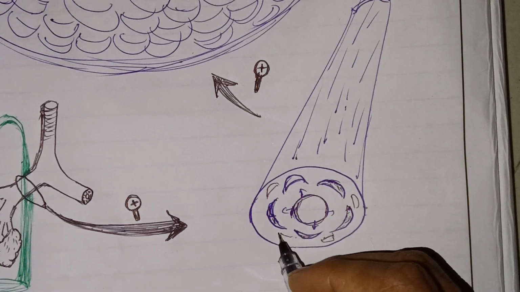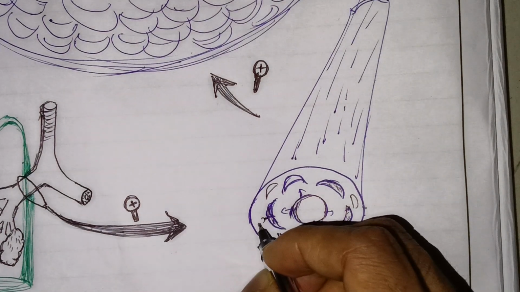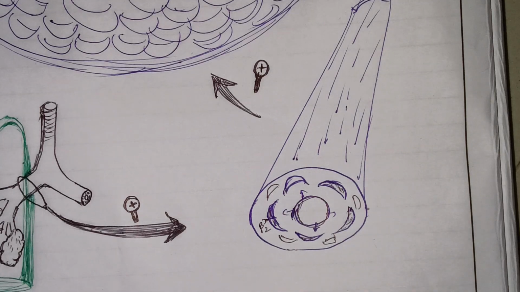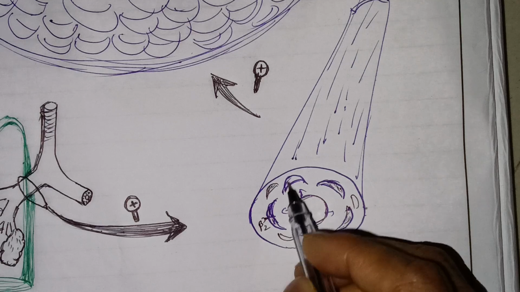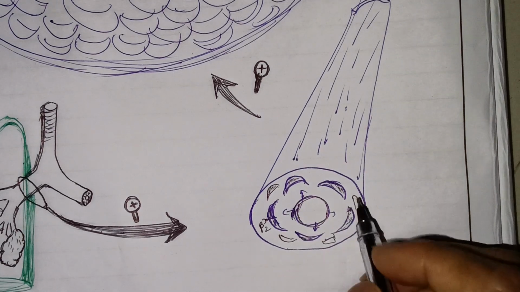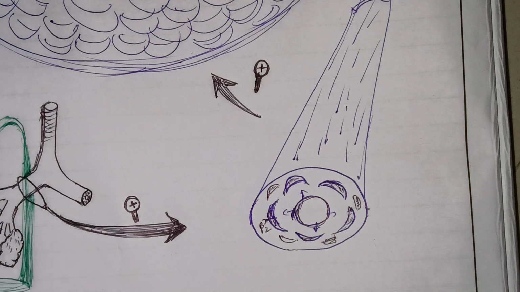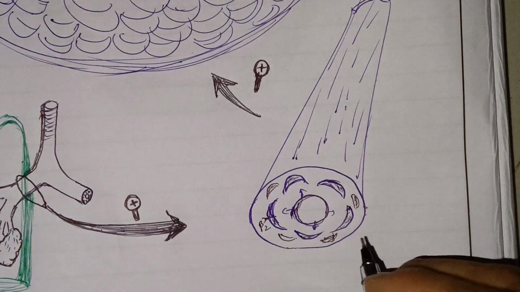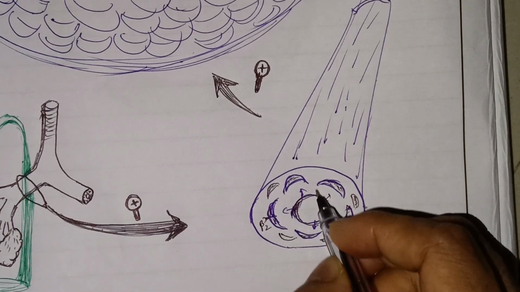Which receptor will it be? Beta 2 receptor. What does this beta 2 receptor cause? It will cause relaxation, or inhibition of contraction, of the smooth muscle present in the bronchiole, that is, bronchial smooth muscle. So when this bronchial smooth muscle gets relaxed, the lumen inside the bronchiole will open up.